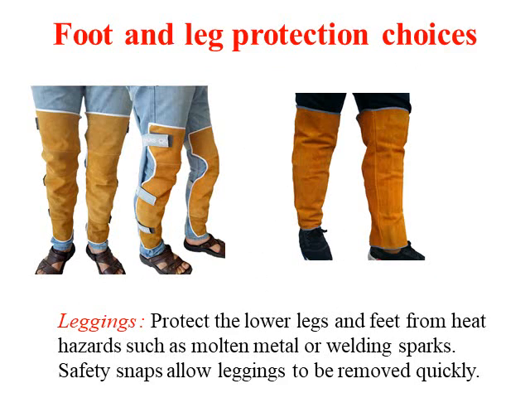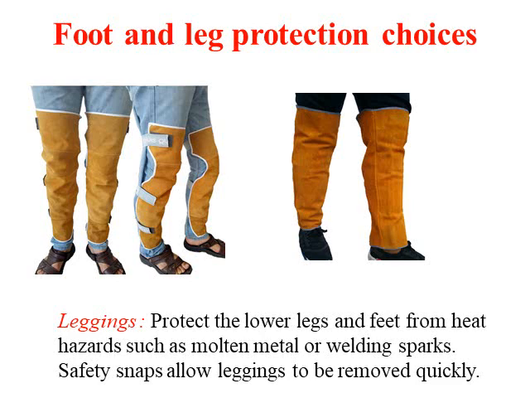So next we'll see the different types of foot and leg protection choices we can go for. The first, we call the leggings. As can be seen in the sketch, these leggings protect the lower legs and feet from heat hazards such as molten metal or welding sparks.